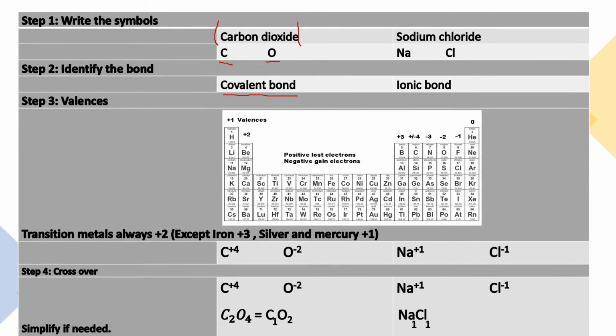Now, step 3 is to determine the valency number of the atoms. Valency numbers will be above each group on the periodic table, starting with group 1 with +1, group 2 is +2, group 3 is +3, group 4 is plus or minus 4, group 5 is -3, group 6 is -2, and group 7 is -1.